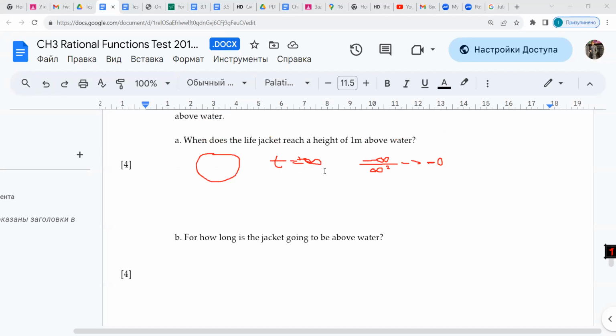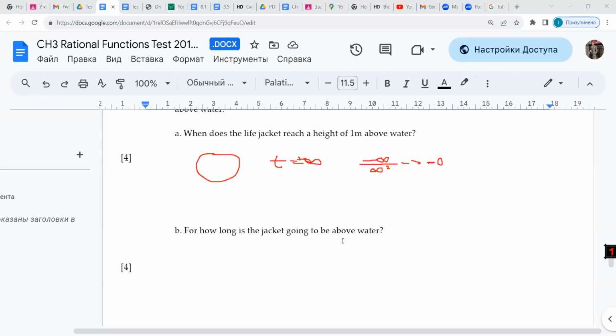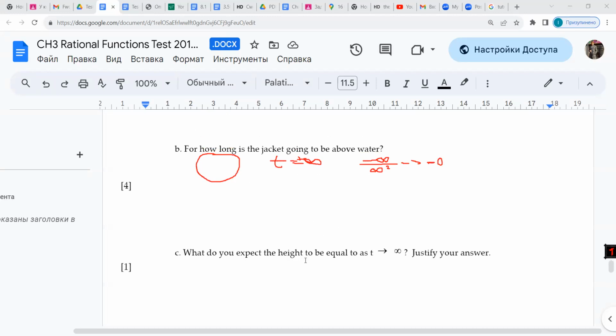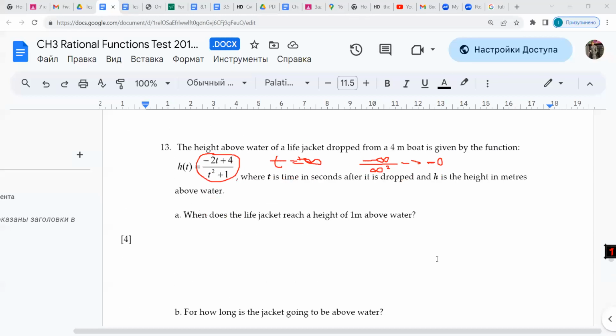What do you expect the height to be equal to as t travels to infinity? My suggestion would be that if this is our imaginative water level, then the life jacket would be right beneath the surface, from the negative side, from the bottom side.